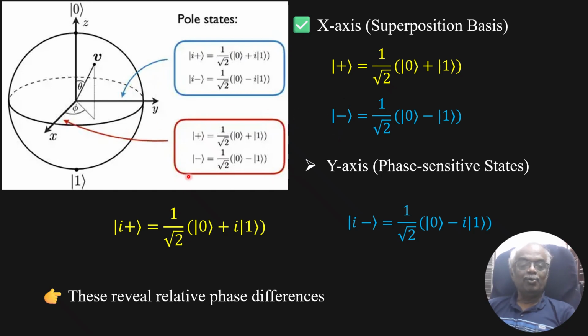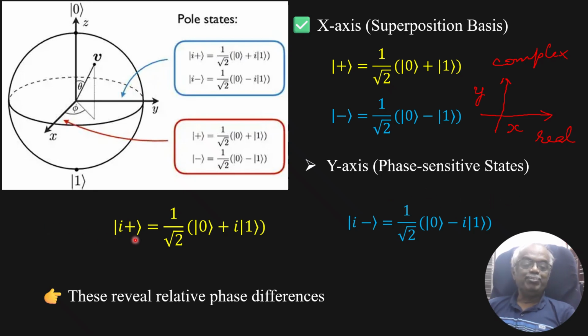So, what about the y-axis? If you have x-y axes in two dimensions, generally it's a convention that we take the x-axis as real and the y-axis as complex i. So naturally, the y-axis is a phase sensitive state.